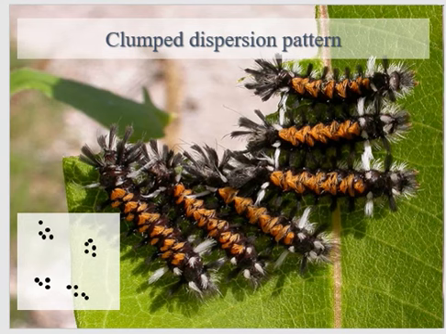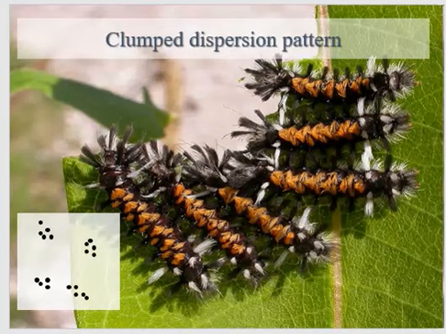So if you think of a pack or a colony of meerkats, they work together to watch for predators and patrol territories. And by doing so, it actually increases the inclusive fitness of that population.